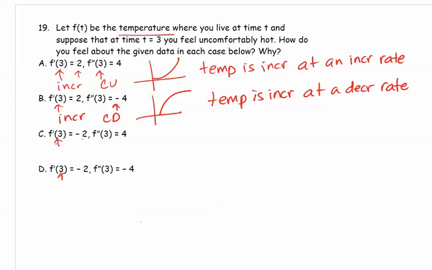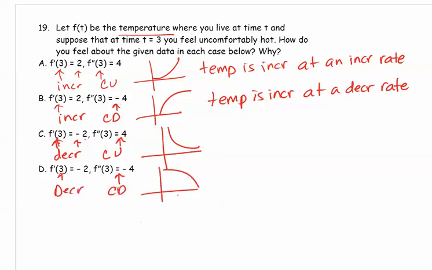All right, and then in case C, if our temperature is going down when our first derivative is negative, so temperature is decreasing, positive second derivative, concave up. So think of the shape here, decreasing but concave up. And then of course our last situation is decreasing and concave down.